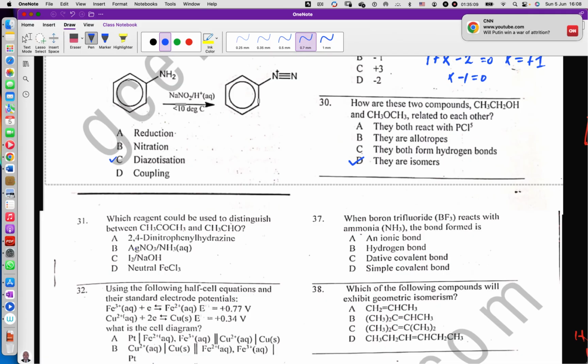It is not 2,4-dinitrophenylhydrazine, no. To distinguish between them, silver nitrate is a Tollens' reagent.